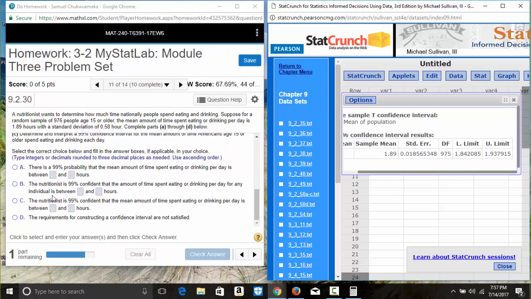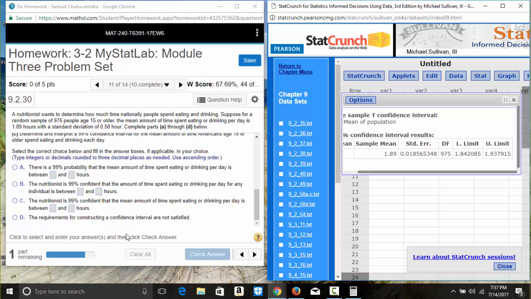We are 99% confident that the amount of time spent eating or drinking per day for any individual, okay, no, that is not the correct thing. The B part is not the correct interpretation.